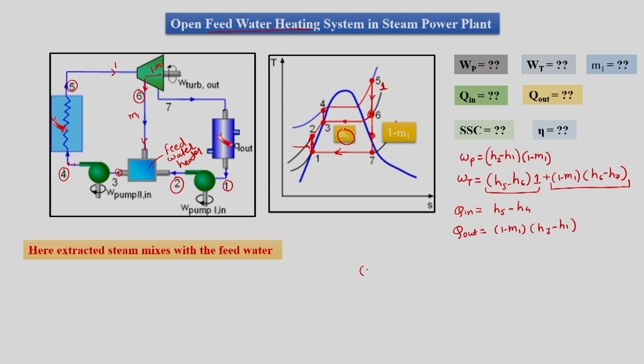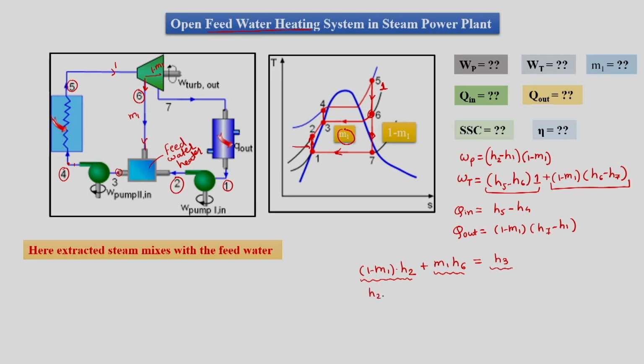We have 1 minus m1 mass of water at state 2, and that water is mixing with m1 mass of steam at state 6, and then both of them go to state 3. So this is the mixture's total enthalpy: the inlet enthalpy of water plus the inlet enthalpy of steam, and this is the outlet total enthalpy. This is inclusive of all the mass and energy conservation.